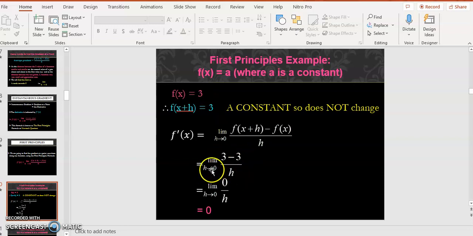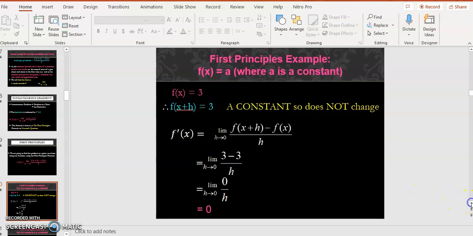You know, as h approaches 0, that will be 0. So 0 over h, let's not take the limit. 0 over any number is what? 0. Remember, if you take the limit now, it's going to be 0 over 0. We can't divide by 0. So here 0 over h becomes 0 directly. So anytime you find the first derivative of a constant, it is 0.